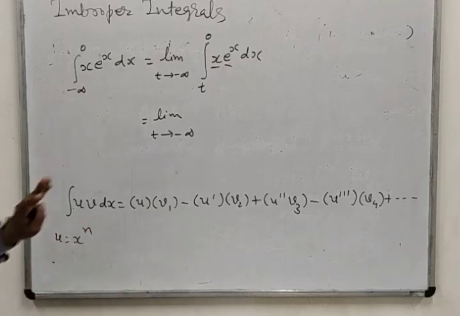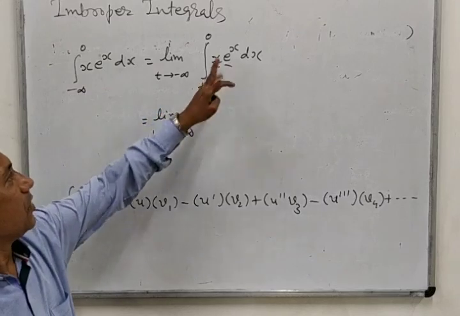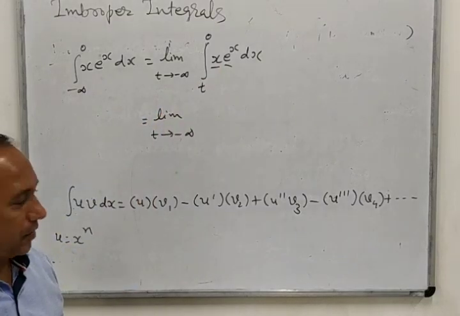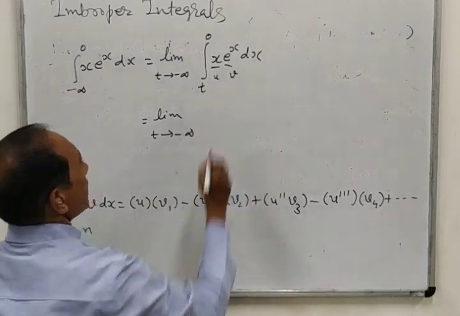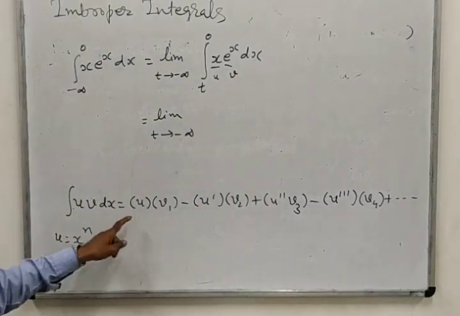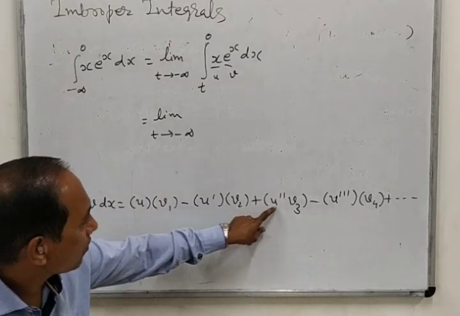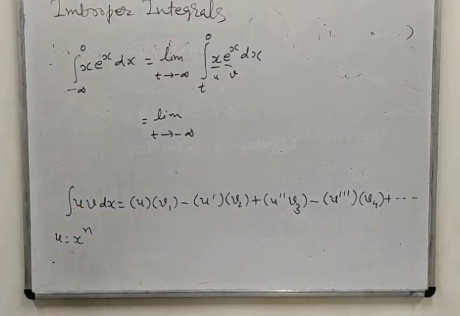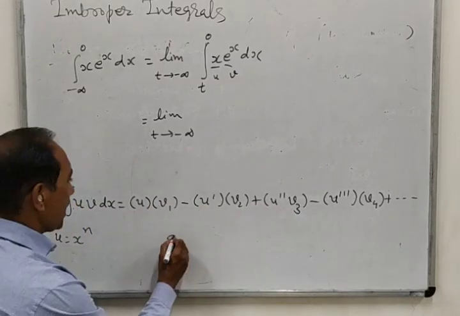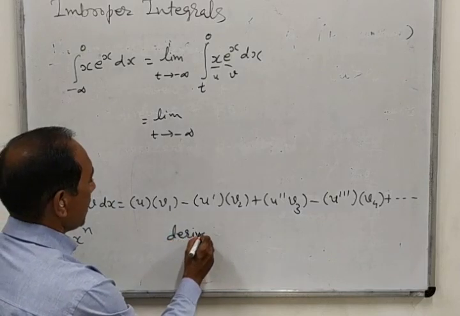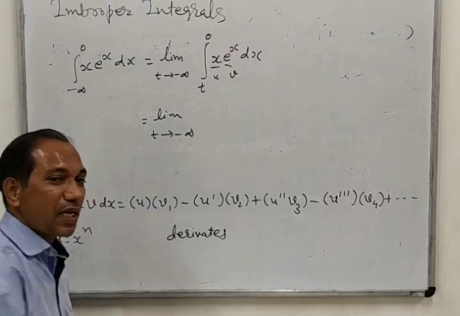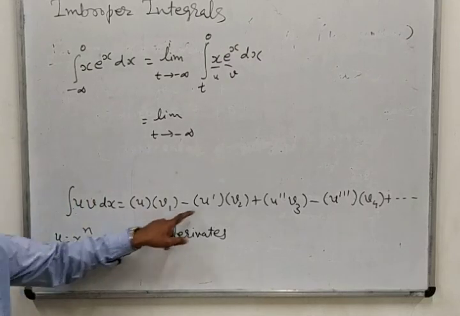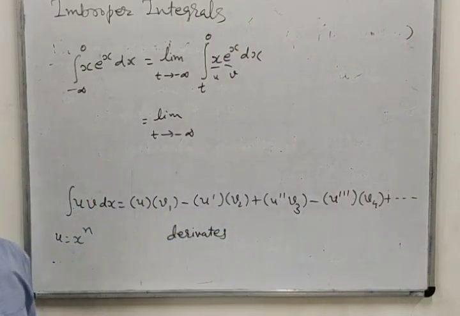So here, out of the two functions, u is x. We will consider u as x and v as e raised to x, because here u dash, u double dash, the dash denotes the derivative, and v1, v2, v3, the subscripts, show integration.